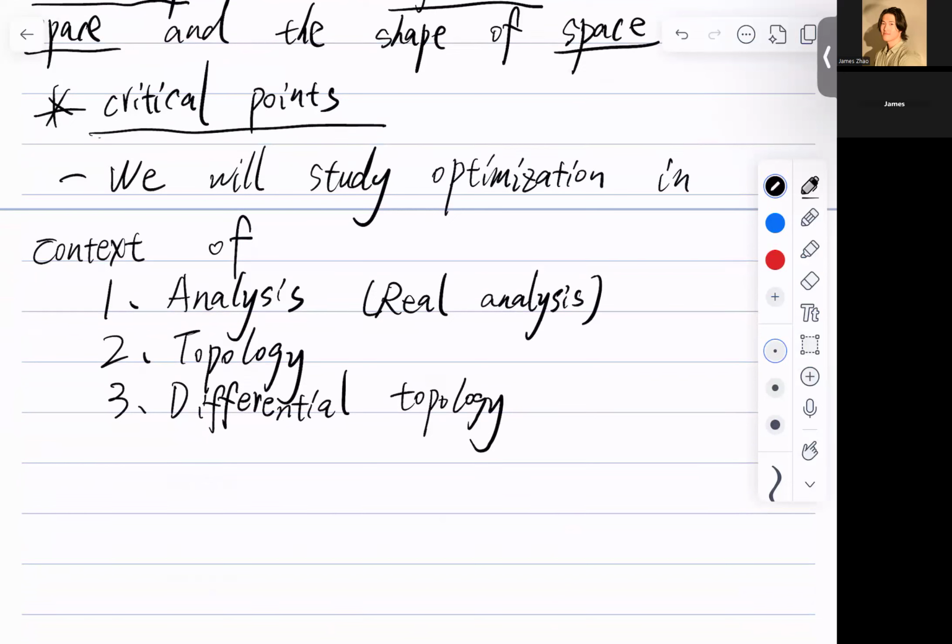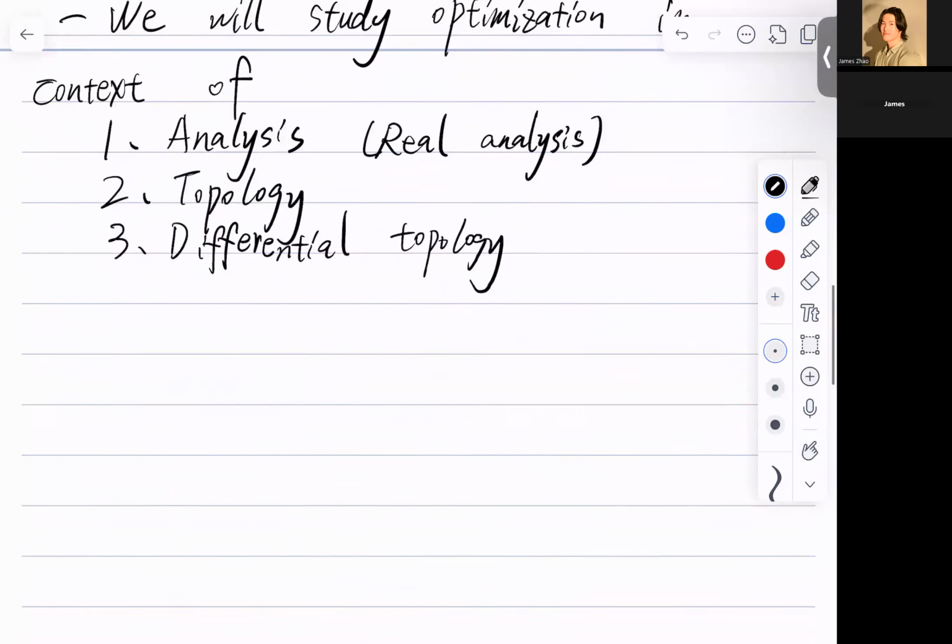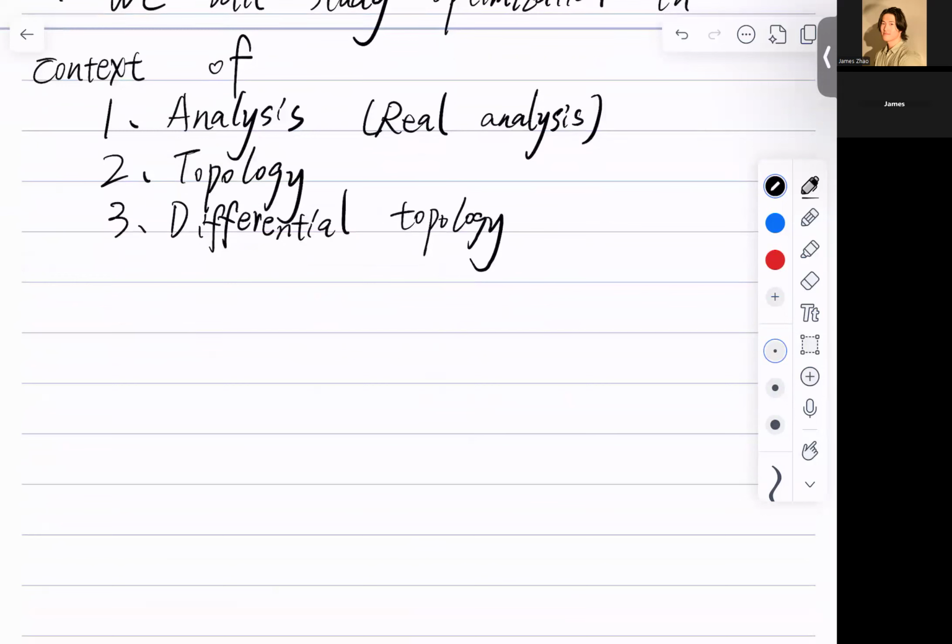Let's jump into some definitions and start our main content now. Let's start our Morse theory introduction formally.